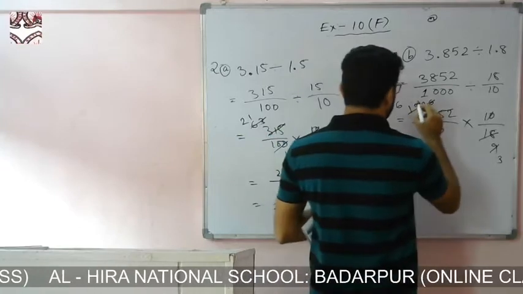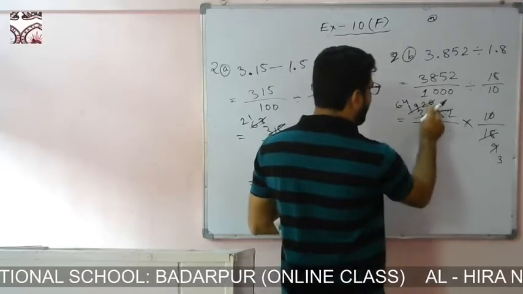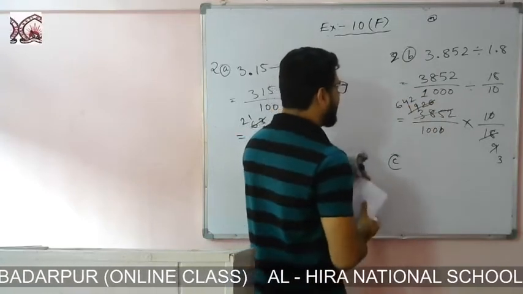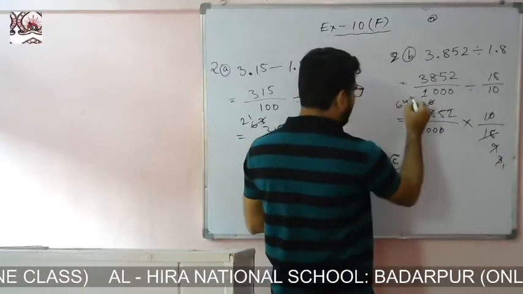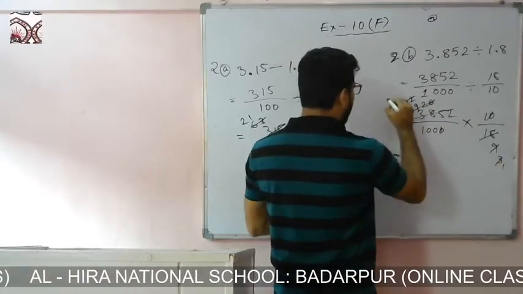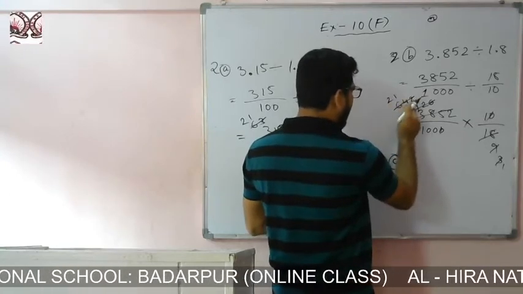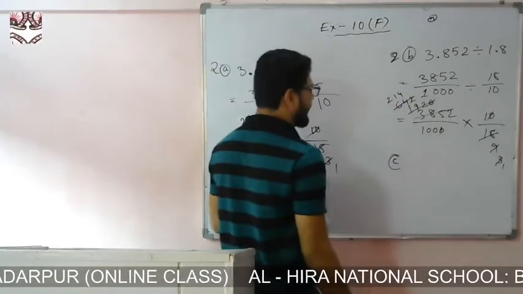Then 3 4s are 12, and here remains 6. 3 2s are 6. Let us check again with 3. 3 1s are 3 and 642. Then 3 2s are 6. Here remains 4. So 3 1s are 3 and 12. 3 4s are 12. That means 214.